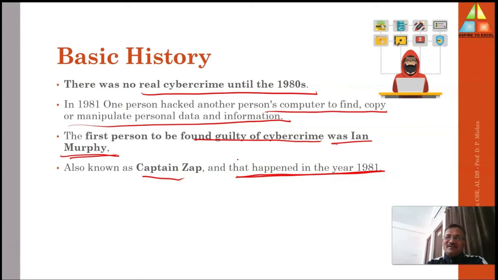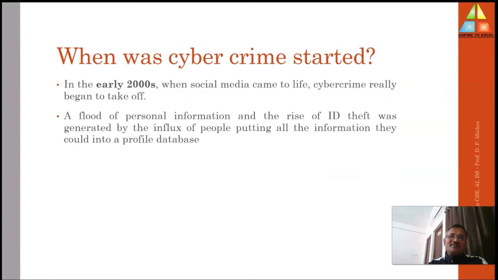So you may imagine till 1981 there was no cybercrime, and definitely you may get the reason behind that, why cybercrime happened in 1981, not before it. So when did cybercrime start?